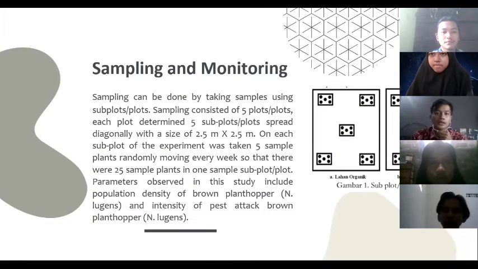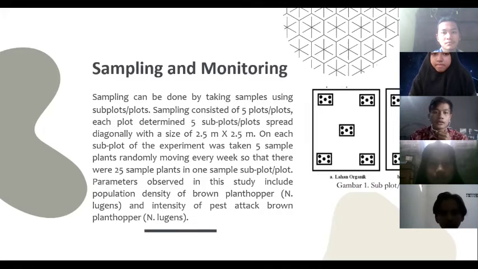Sampling and monitoring. Sampling can be done by taking samples using subplots or plots. Sampling consists of 5 plots, and in each plot 5 subplots are determined, spread diagonally, with a size of 2.5 meters by 5 meters.